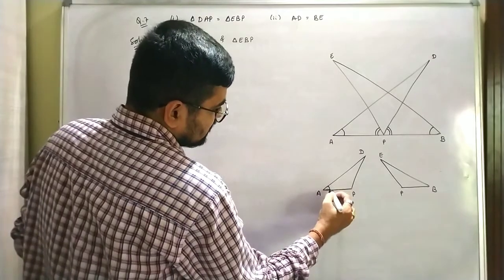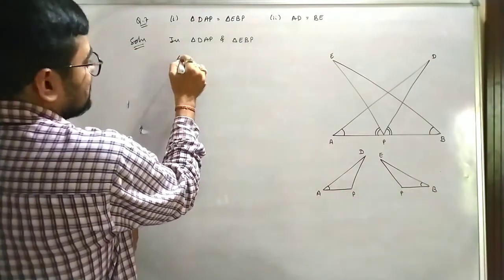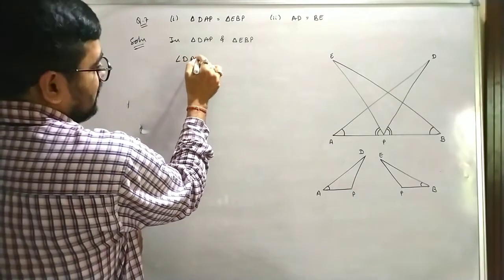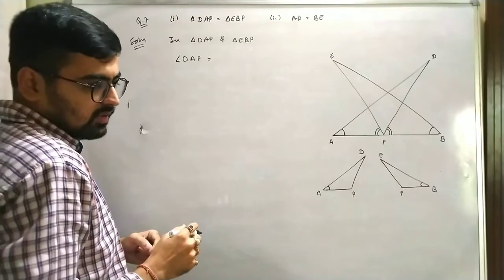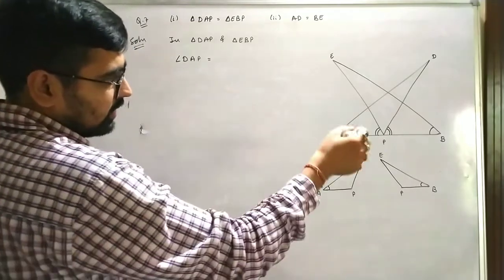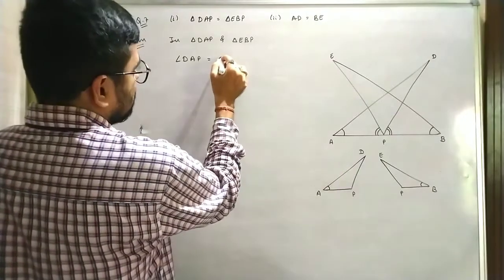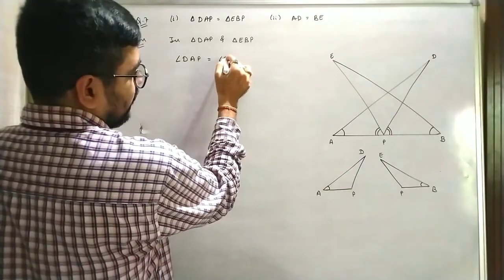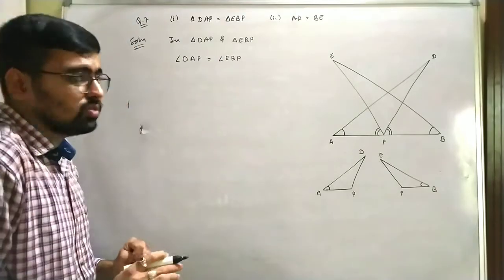So I know that this angle I know. Correct. So I can easily say that angle DAP is equal to, actually it is given, yeah, BAD. So same thing, it's okay. DAP is equal to angle EBP. So I got to know these two angles.